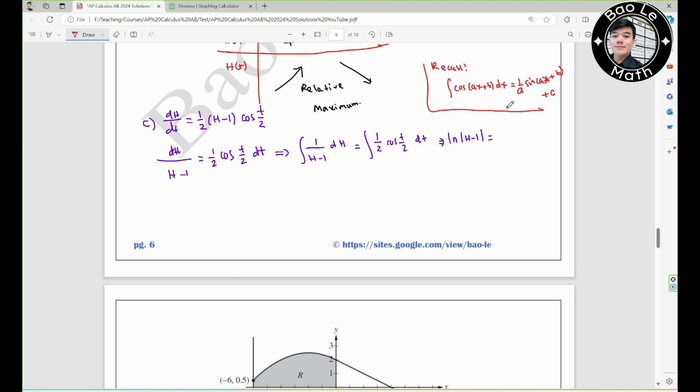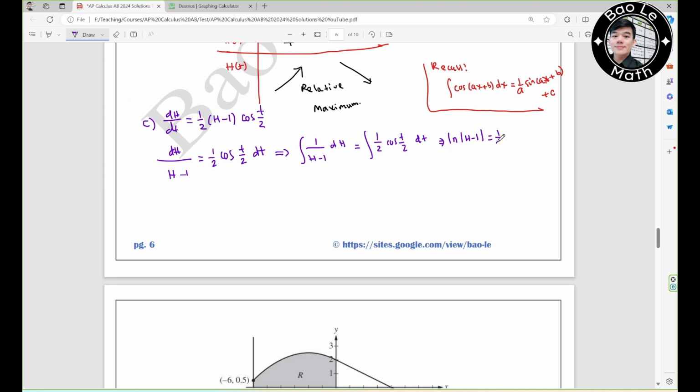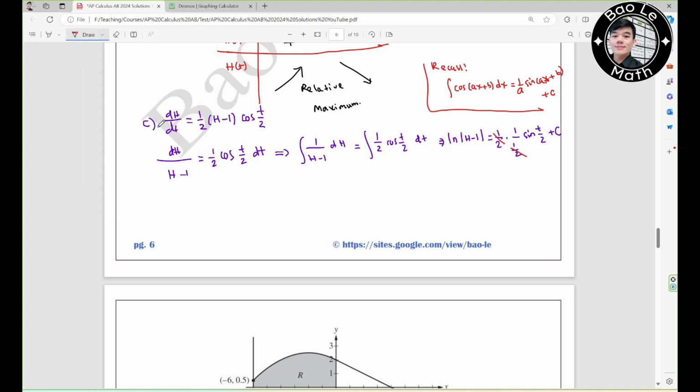Alright, so this guy turns out to be 1 over 1/2. So we have 1/2 right here times 1 over 1/2 sine t over 2 plus c. Alright, now the 1/2s cancel out.